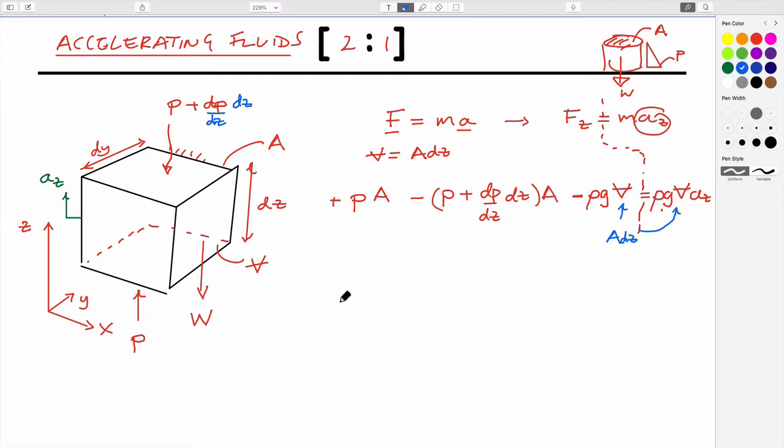So if we write this out in longhand, well, we can make life easier for ourselves first. We recognize that pressure times area and pressure times area cancel out. I guess this pressure doesn't cancel out, but these two do.